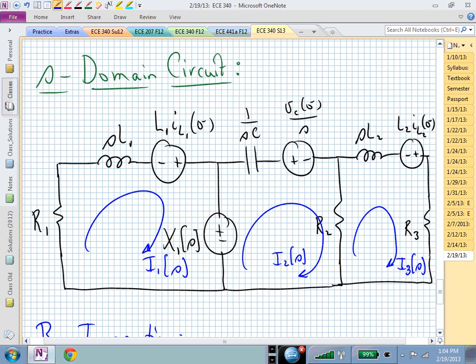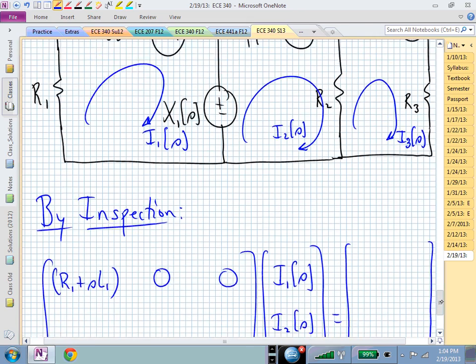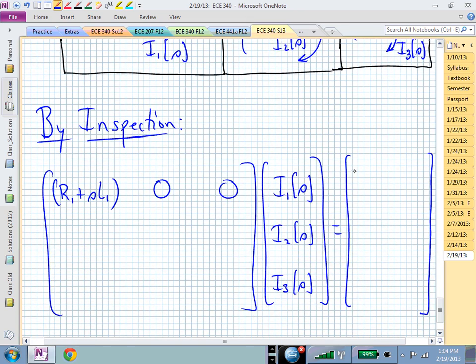And that's how I can quickly write down the right-hand terms. I now have a source due to the inductor's initial condition. That came in with a positive sign. And then I have the negative sign associated with the original input or source of my circuit.